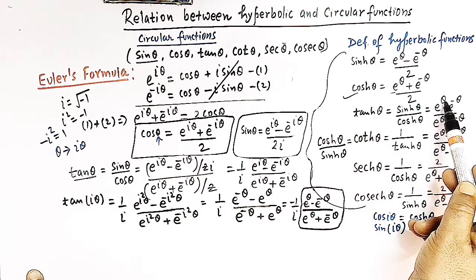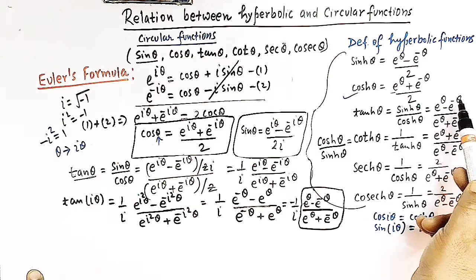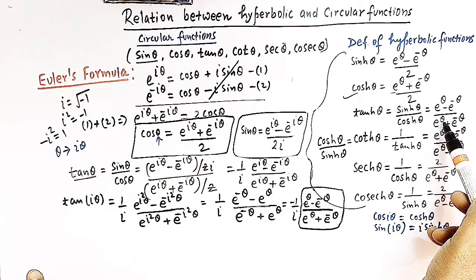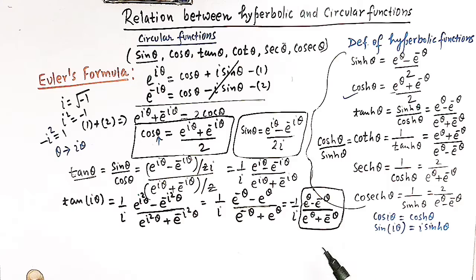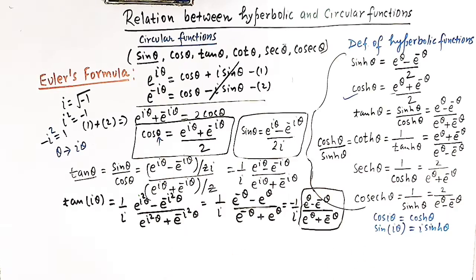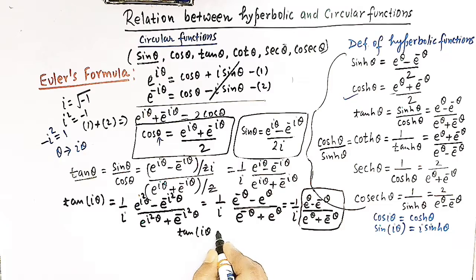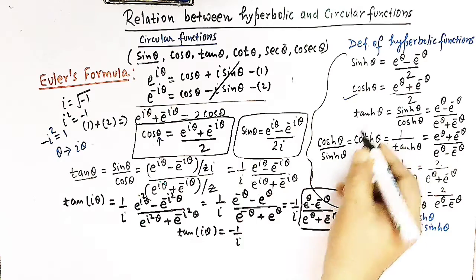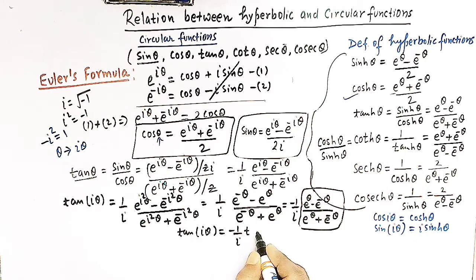So here we have e raised to theta minus e raised to minus theta divided by e raised to theta plus e raised to minus theta. So now tangent of iθ is equal to minus 1 over i, and this expression is equal to the hyperbolic tangent of theta.